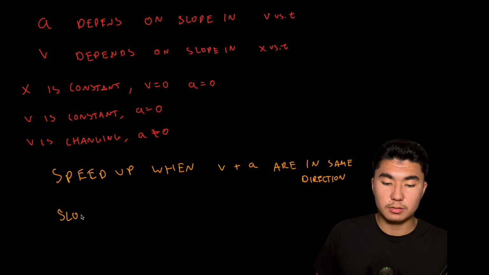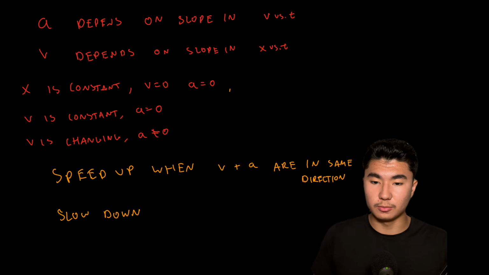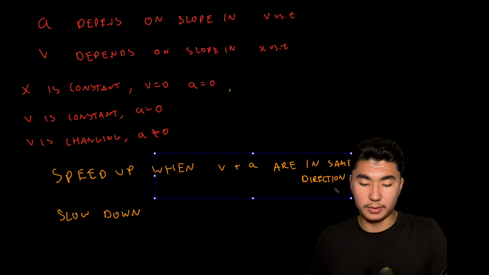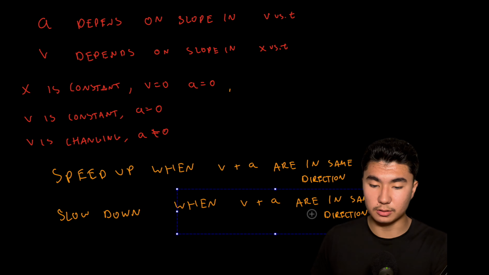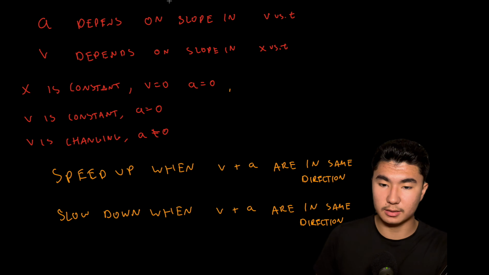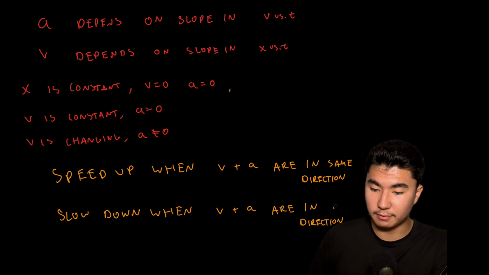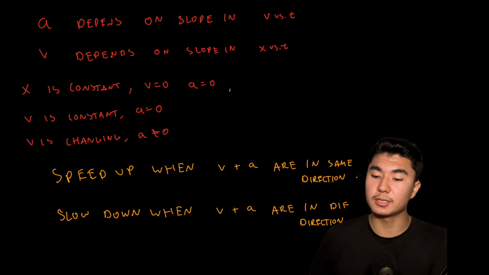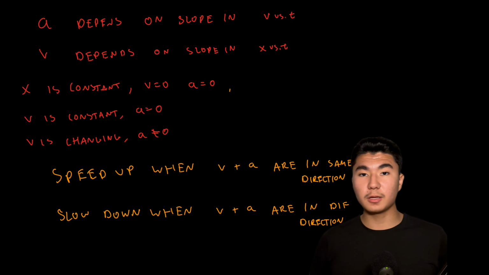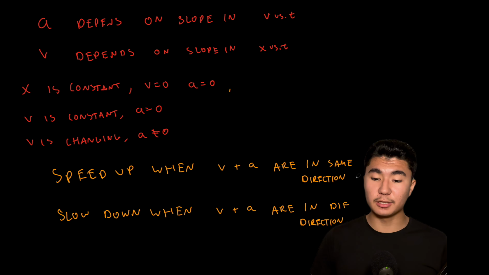We slow down, and I'll just copy this whole entire thing over here, but when they're in different directions. So when velocity and acceleration are in different direction. I'll just put diff just to abbreviate. So we speed up when velocity and acceleration are in the same direction. We slow down when velocity and acceleration are in different directions.